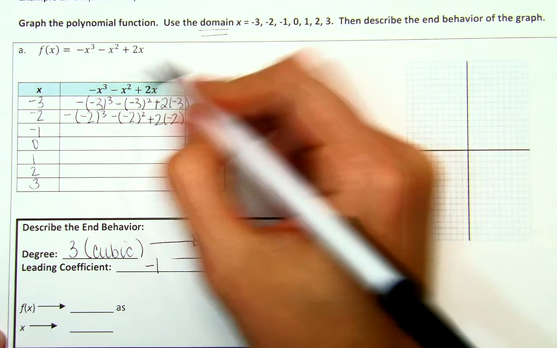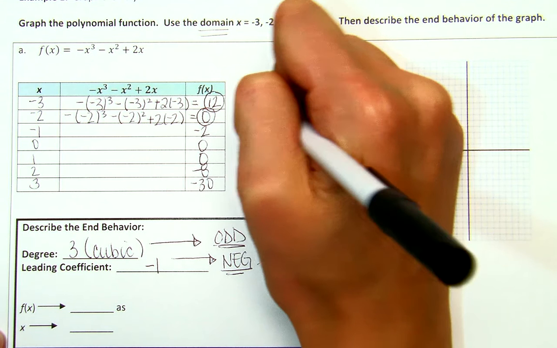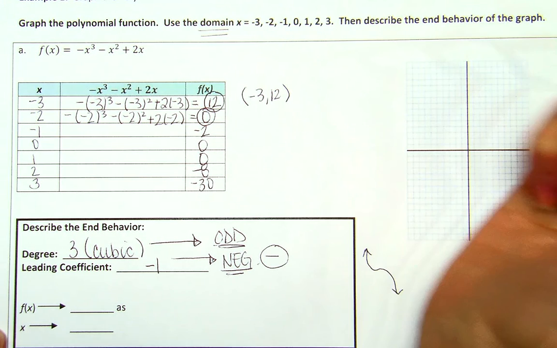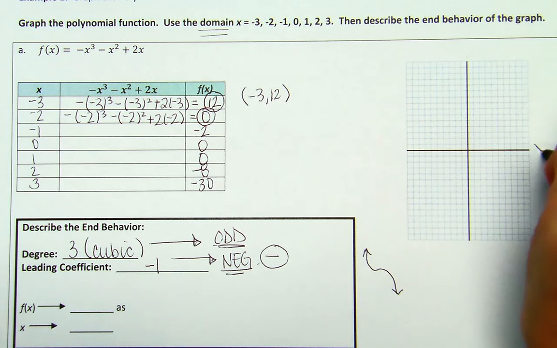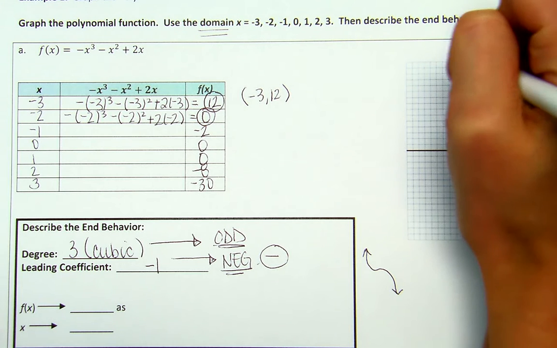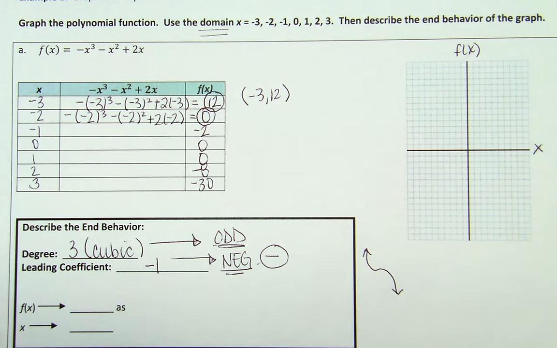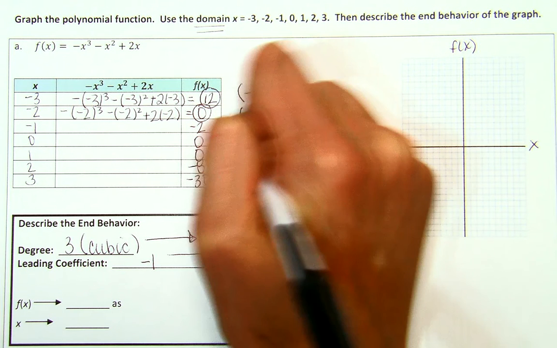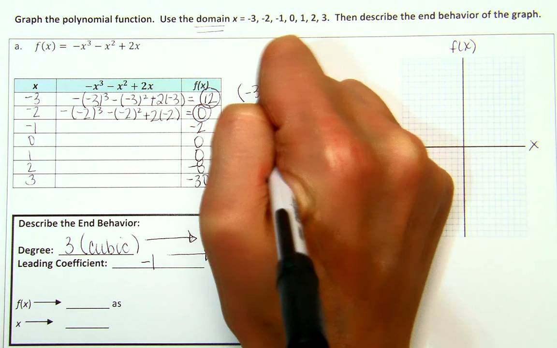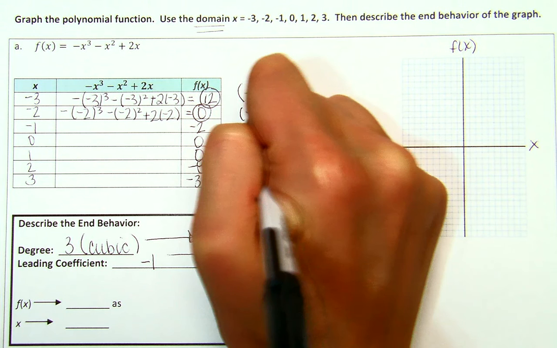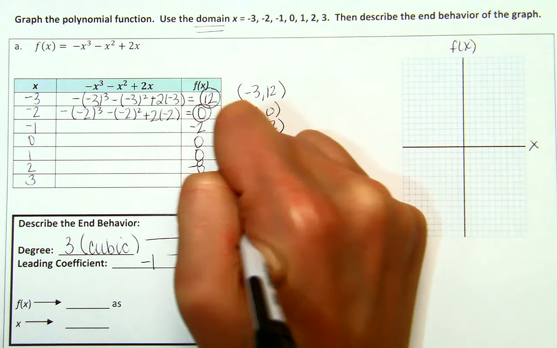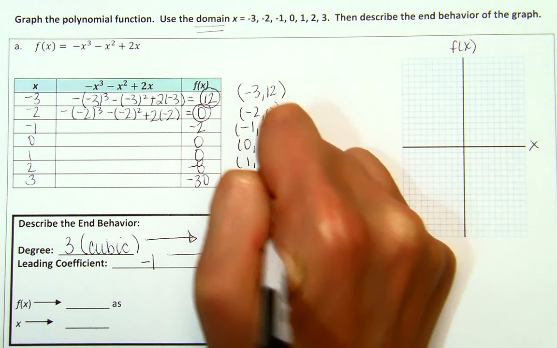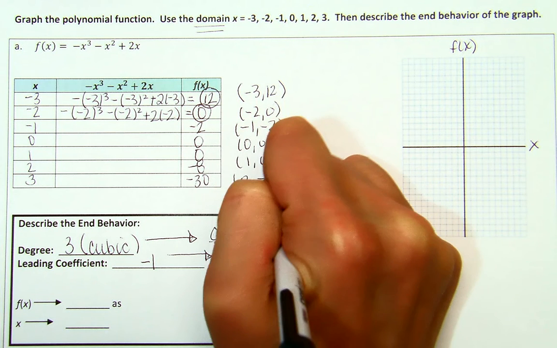And these are basically just ordered pairs. -3, 12 is a point I need to plot on my graph. So I get my x-axis, my f of x, which is just fancy for my y, and I plot all of these points: -2, 0; -1, -2; 0, 0; 1, 0; 2, -8; and 3, -30.